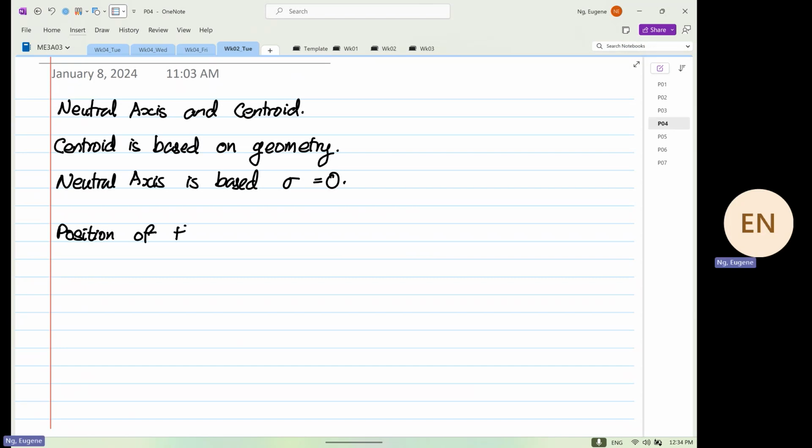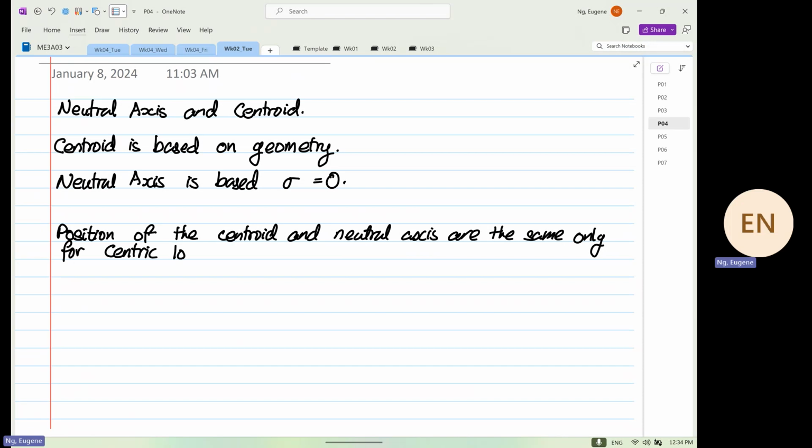Okay. So you have to know that the position of the centroid and neutral axis are the same only for what? Centric loading or centric bending. So it's very specific that only in centric bending is the position the same.